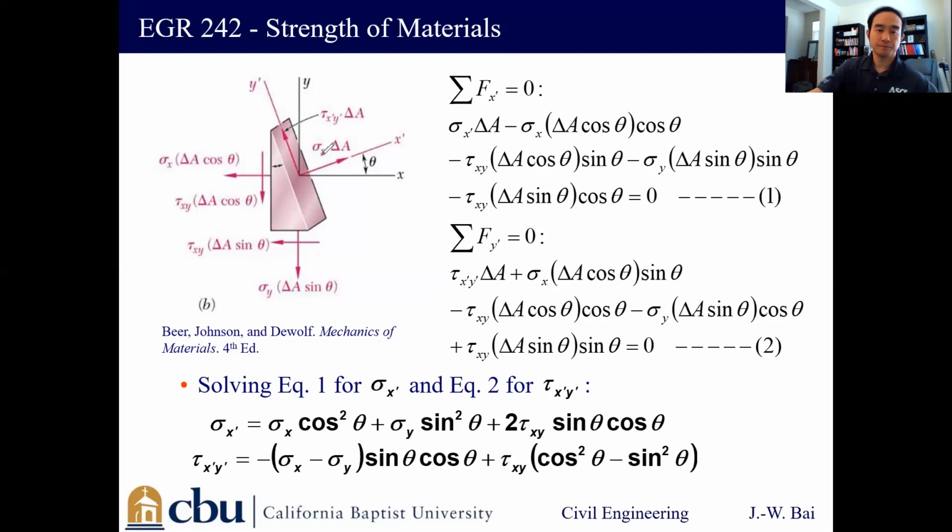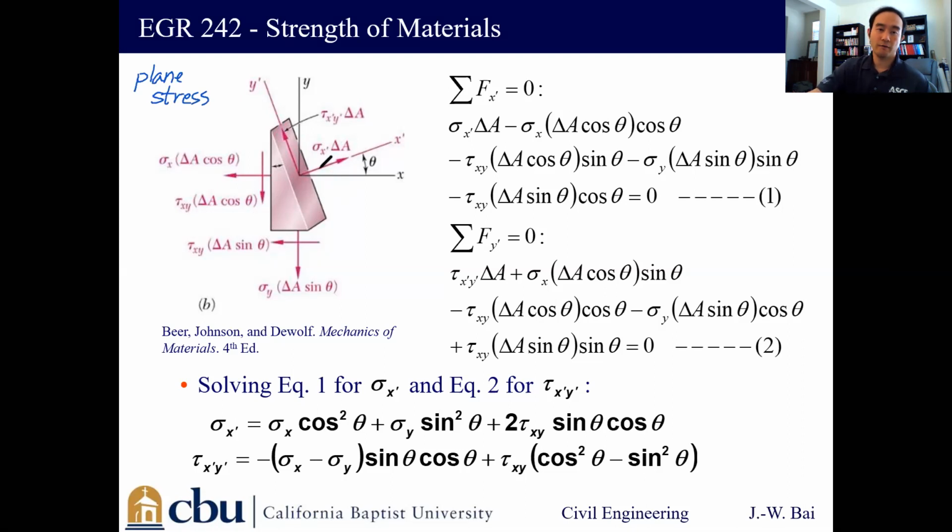So first of all, since this is the plane stress condition, that means we're going to ignore the stresses along the z-axis. The z-axis should be going this way, but we're going to ignore all those shear and normal stresses along the z-axis.